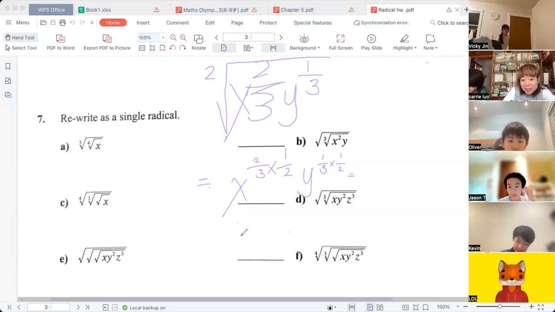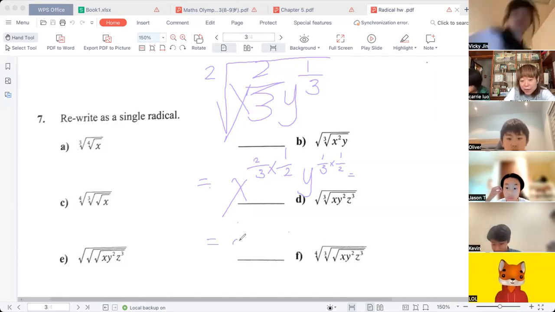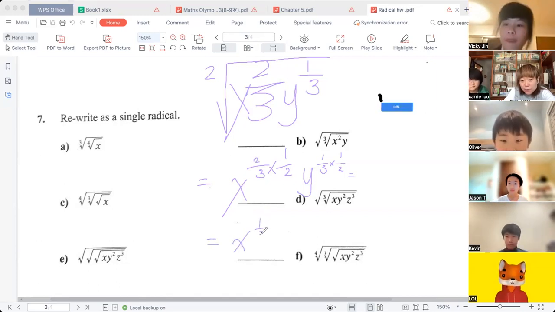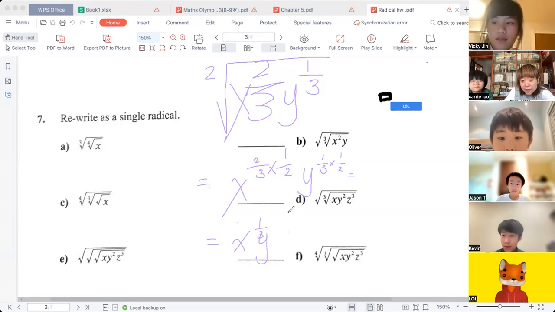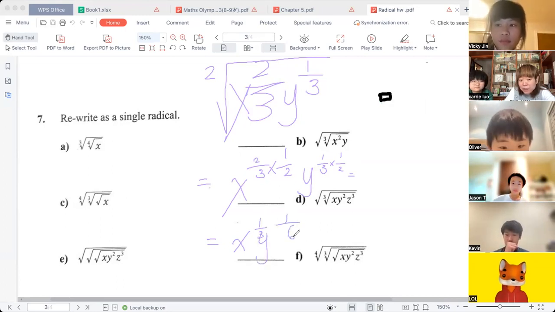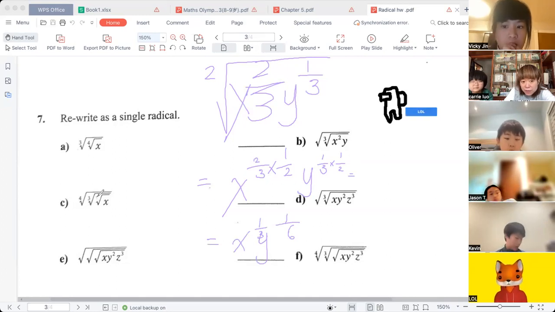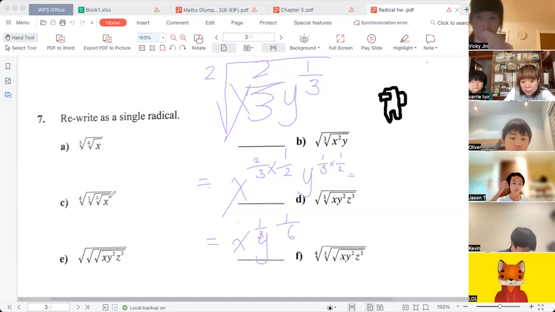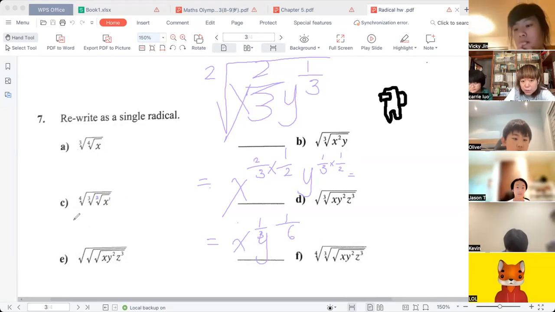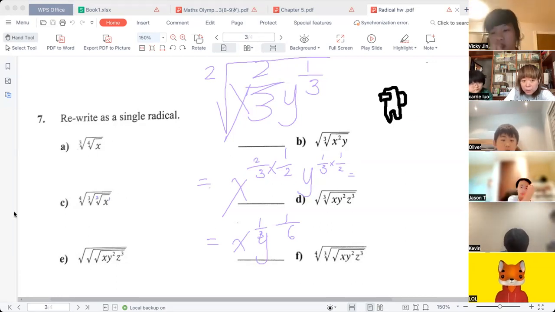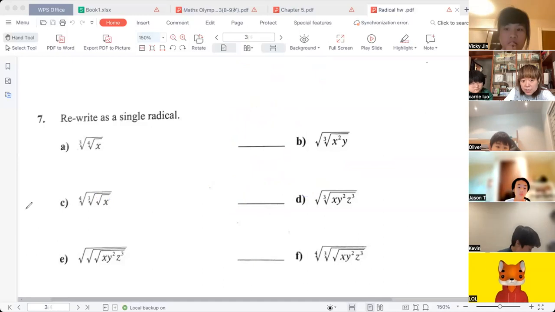Okay, everybody, let's take a look at this one. We have x to the 1/3 power, and y to the 1/6 power. Correct, everybody? Yeah. So do it one by one, okay? Especially for you, see, there's nothing here. Write the 2 here, fill in the 1. I see many students didn't do this problem well, so let's do it together again. This is number C. So 2 and 1.